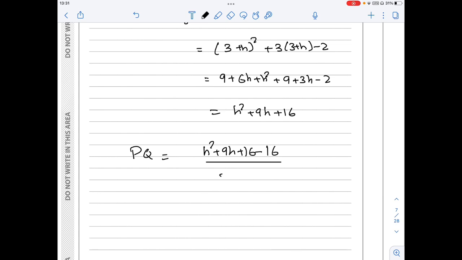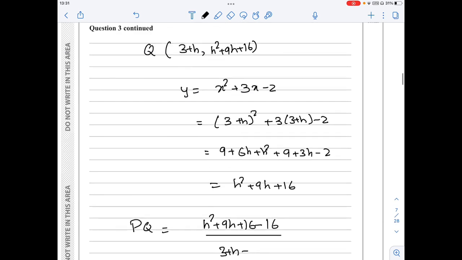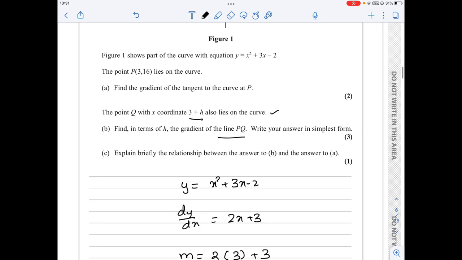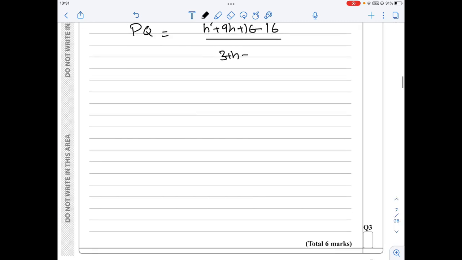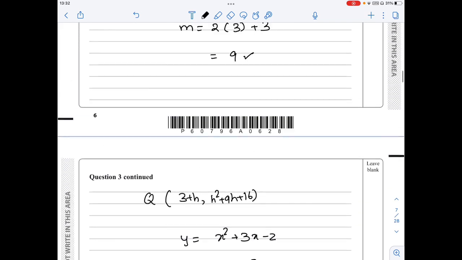The x value is 3 plus h minus x1. What is the x value of P? The x value of P is 3. So 16 and 16 cancel, 3 and 3 cancel, (h² plus 9h) upon h. Take h common, so h(h plus 9) upon h. h cancels, so it is going to be 9 plus h.